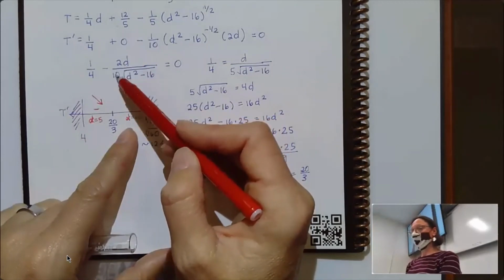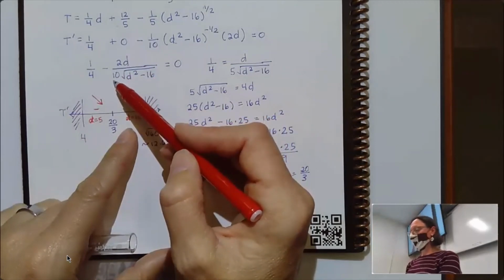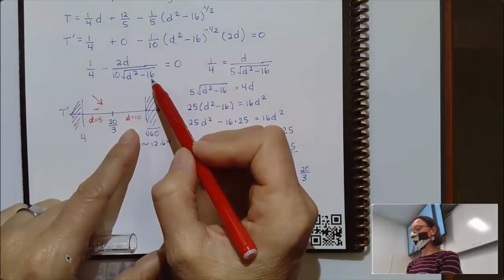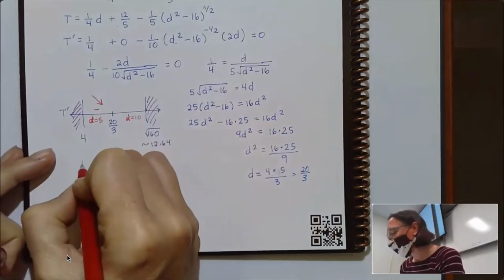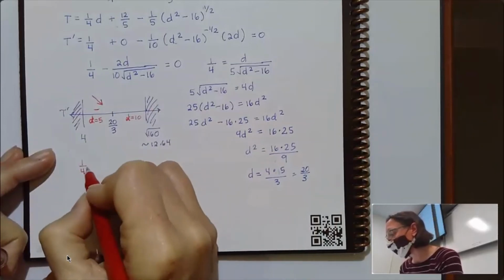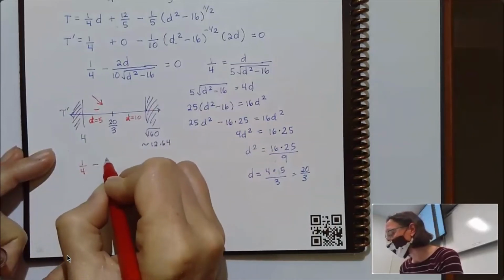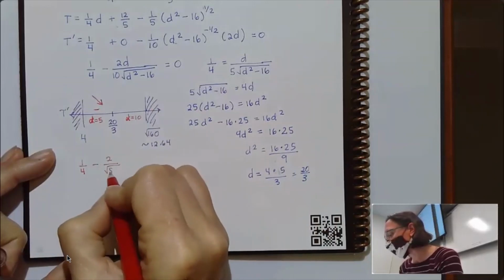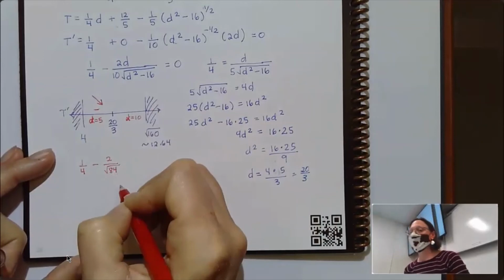So that's 2. 10 squared is 100. 100 minus 16 is 84. Oh man, so I've got 1/4. Maybe I should have picked a different number, but I've got 1/4 minus 2 divided by the square root of 84.